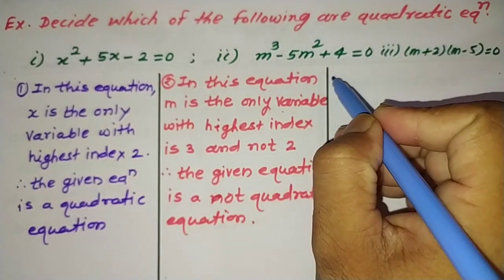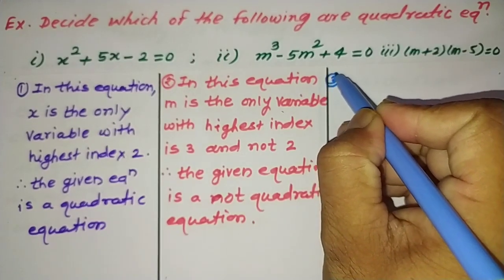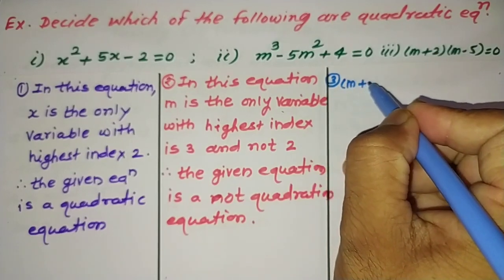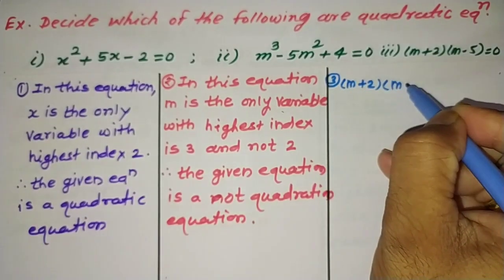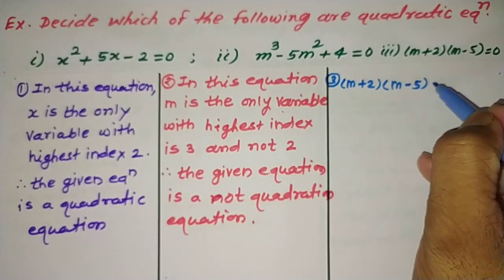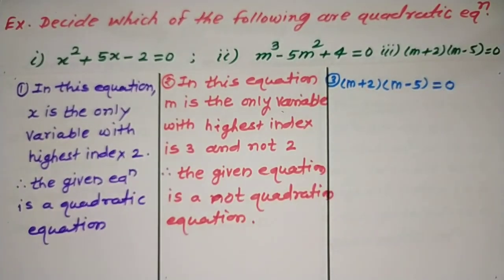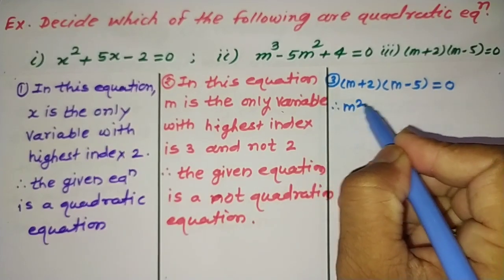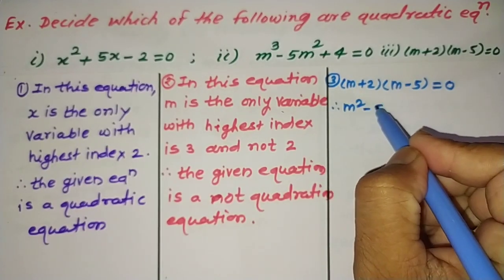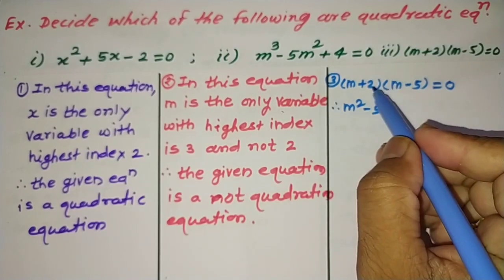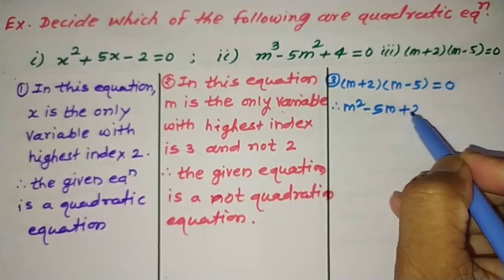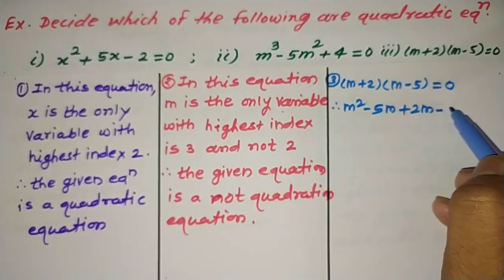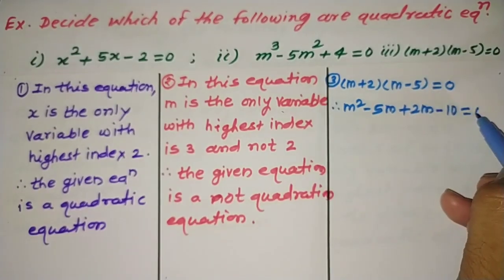Third equation: first we write it in the standard form of a quadratic equation. Solve the two brackets, multiplying one bracket by the other: m into m is m square, m into minus 5 is minus 5m, 2 into m is plus 2m, and 2 into minus 5 is minus 10, equal to 0.